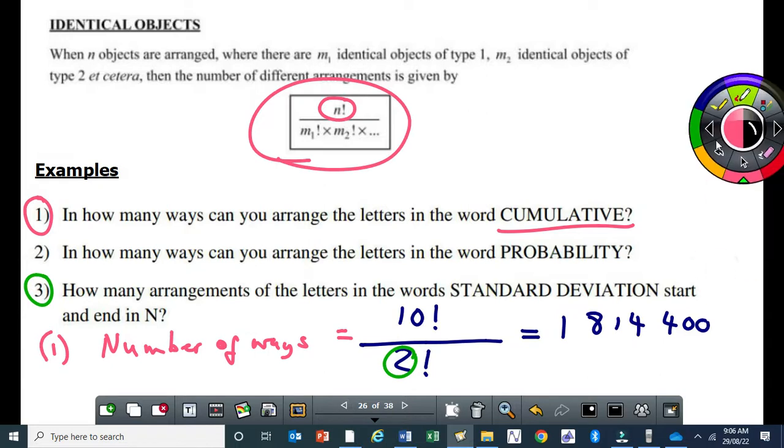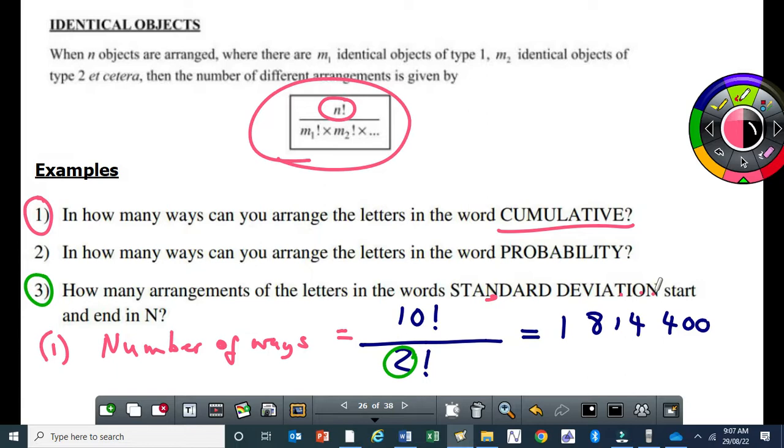Remember, the word starts and ends in N. So we're going to have an N in this position, and an N at the beginning. How many letters will be left? It will be 1, 2, 3, ... 16. Oh, I'm sorry, it's not 16, I made a mistake. It's 15. Remember, the beginning and the end must have an N.